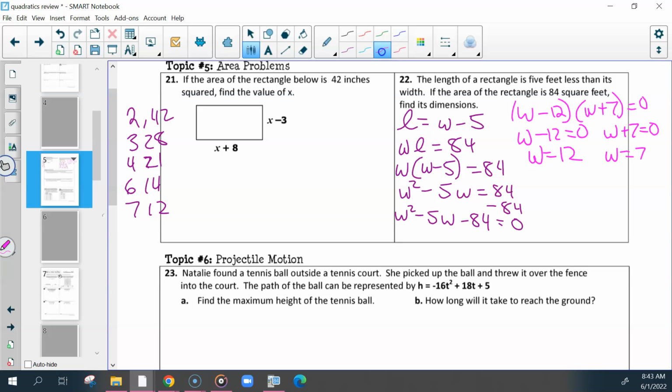So if the length is 5 feet less than the width, then the width is 12 and the length is actually 7. So it's just a weird way of trying to get you to factor and solve.